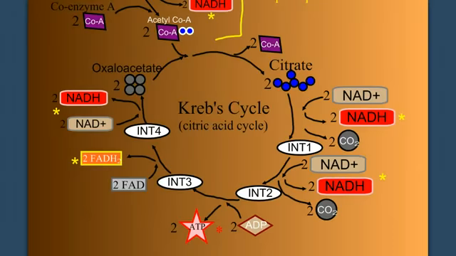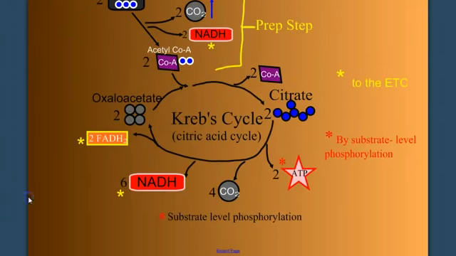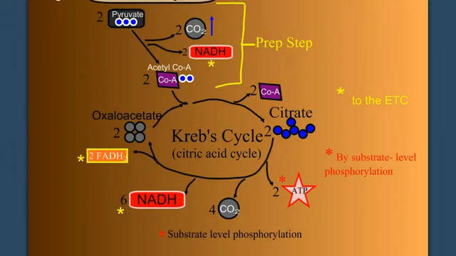Now we can summarize this in a little simpler form. This may be easier. If we look at it in sum total, in the prep step we're making 2 carbon dioxides, waste product, and 2 NADH, which are going to go to the electron transport chain. In this Krebs cycle, we produce 2 ATP by substrate level phosphorylation.